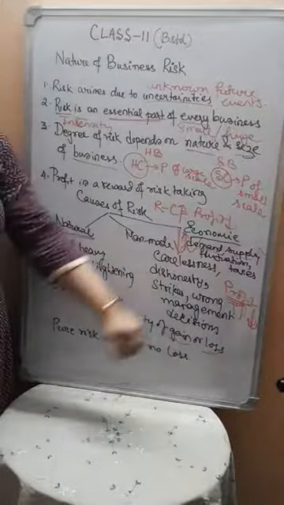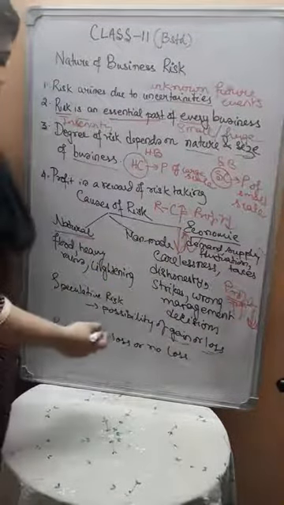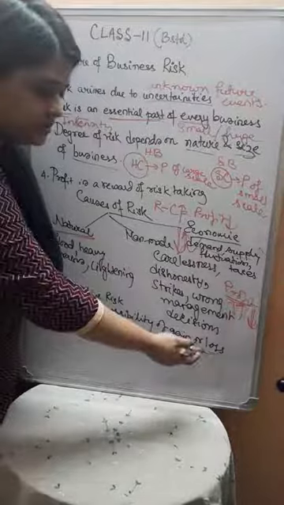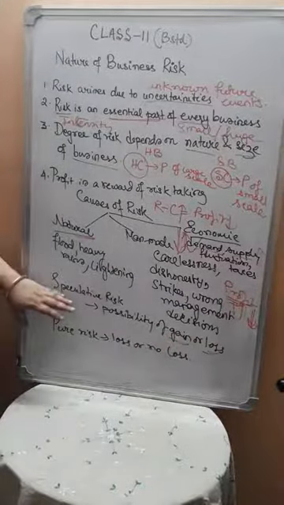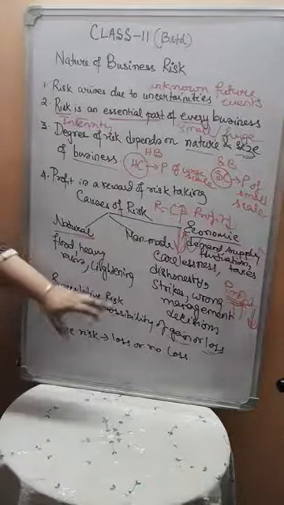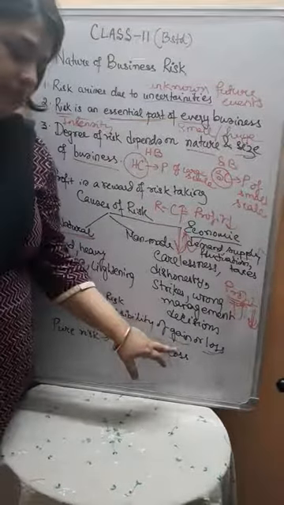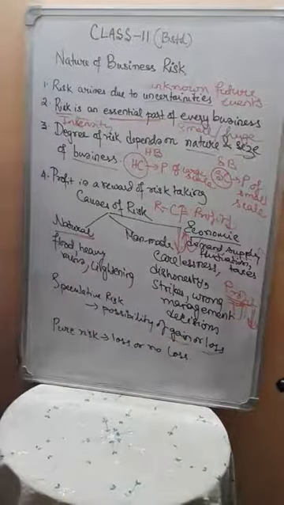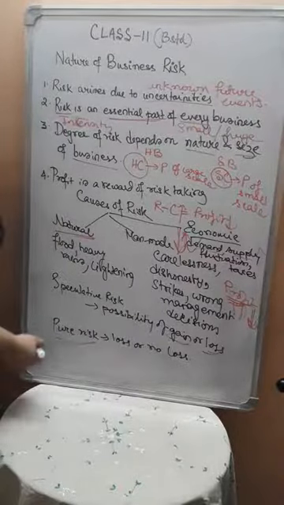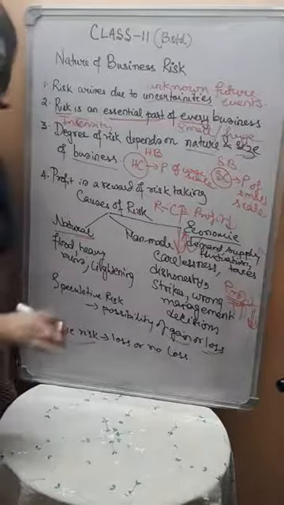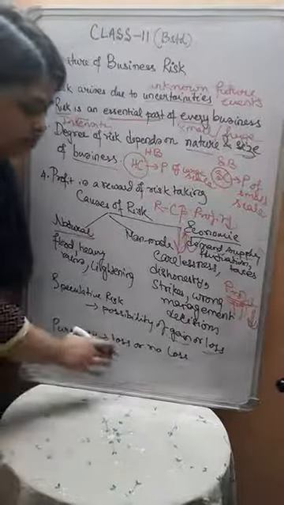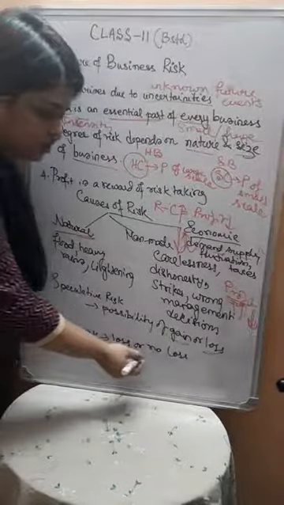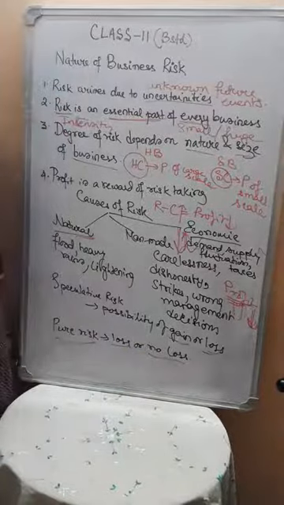If the taxation policy increases, it gives you loss. If tax reduces, it gives you gain. So these are types of speculative risk where there is a scope for earning either profit or loss. And pure risks are those risks which do not give you any chance of gain, but there can be two consequences: either you lose or you don't lose.